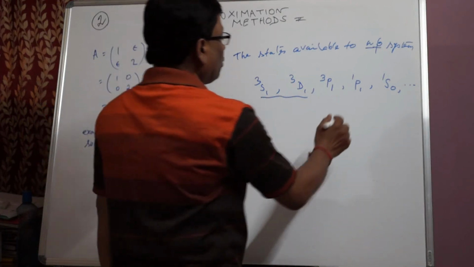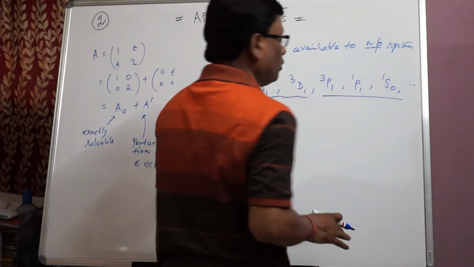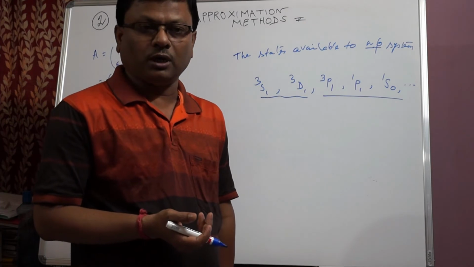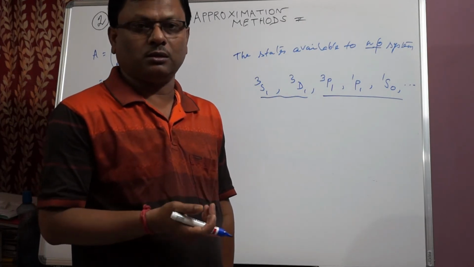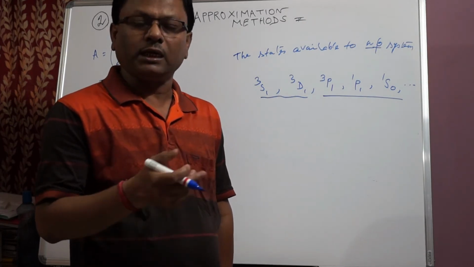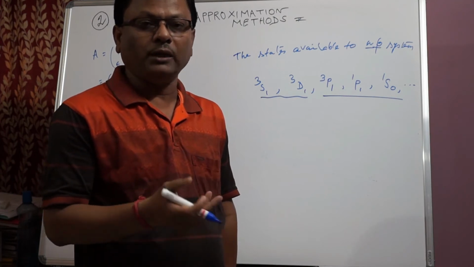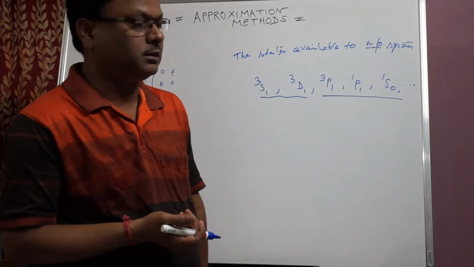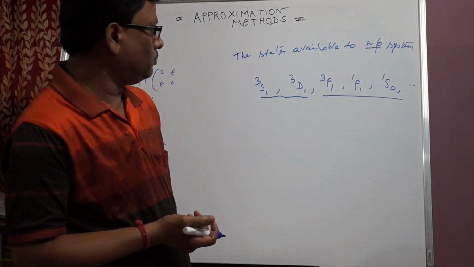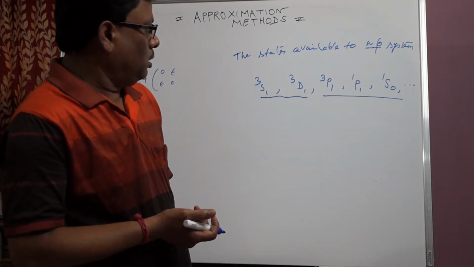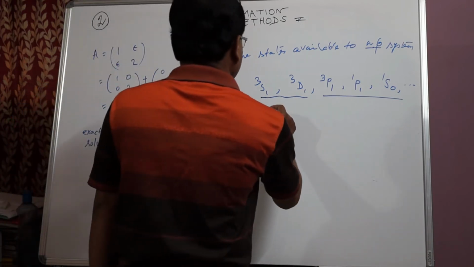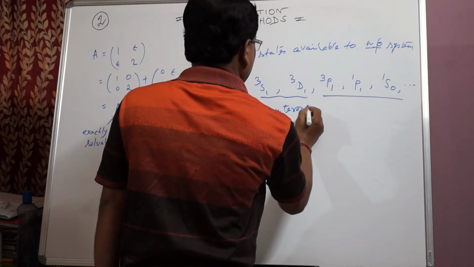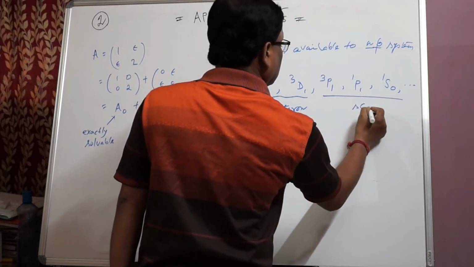The information about the other states can only be obtained from the scattering problem, that is, scattering of neutrons by a bunch of protons at different energy. So this is from deuteron, and these are from scattering.